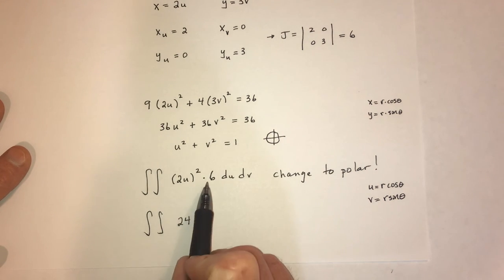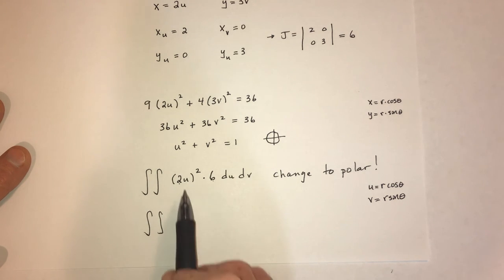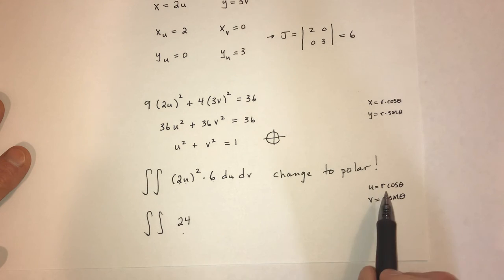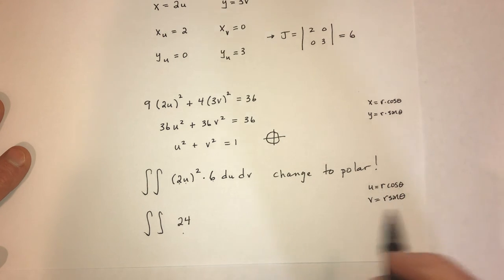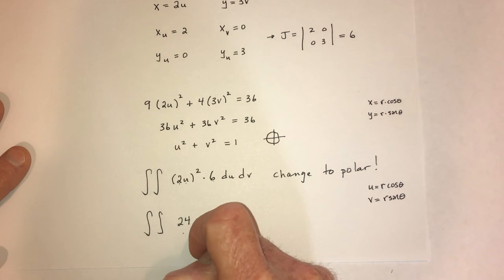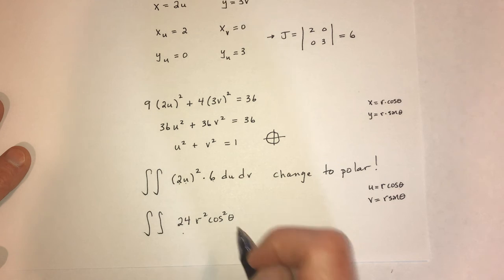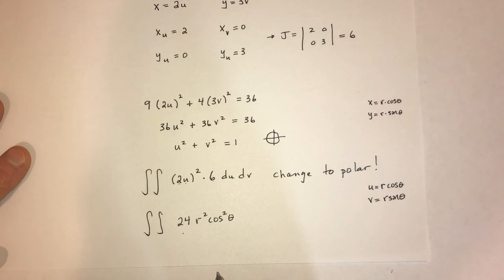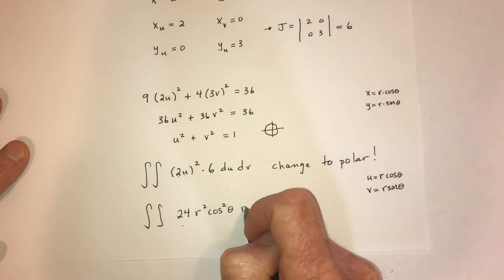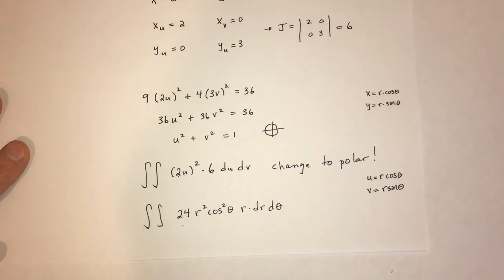Okay, so I established 4 times 6 is 24. Then u has to be squared. So that means square r and square cosine. And then, because we're changing to polar, we still need the r times dr d theta.